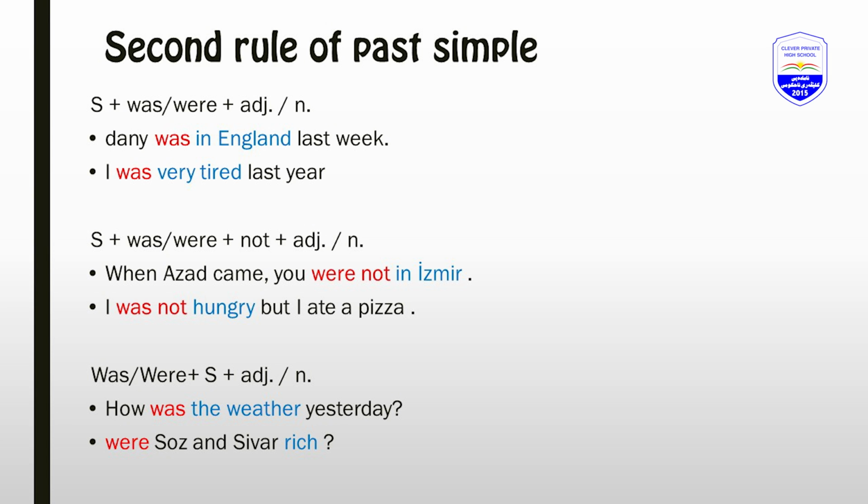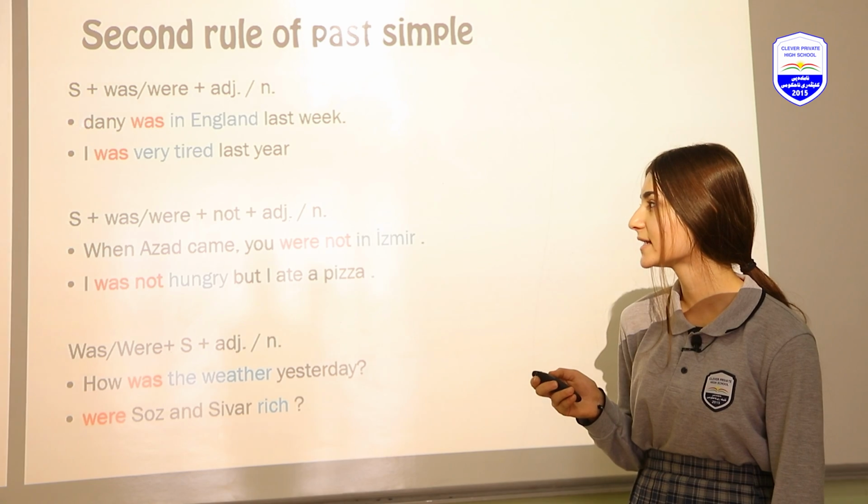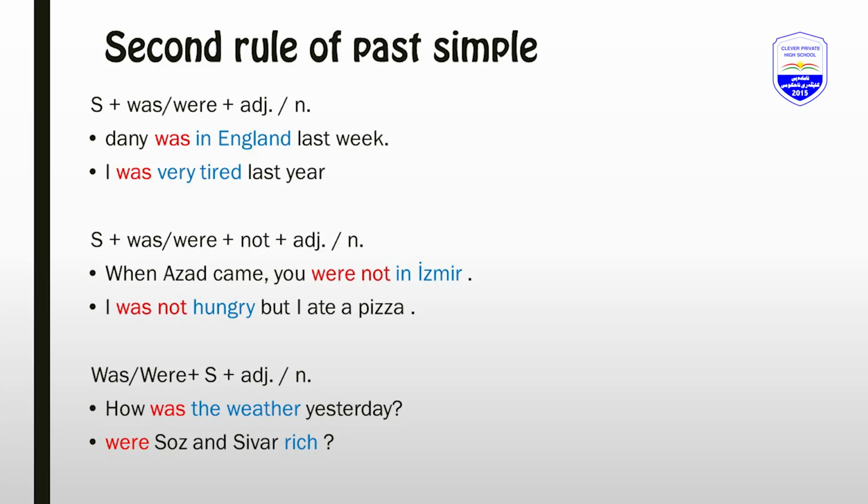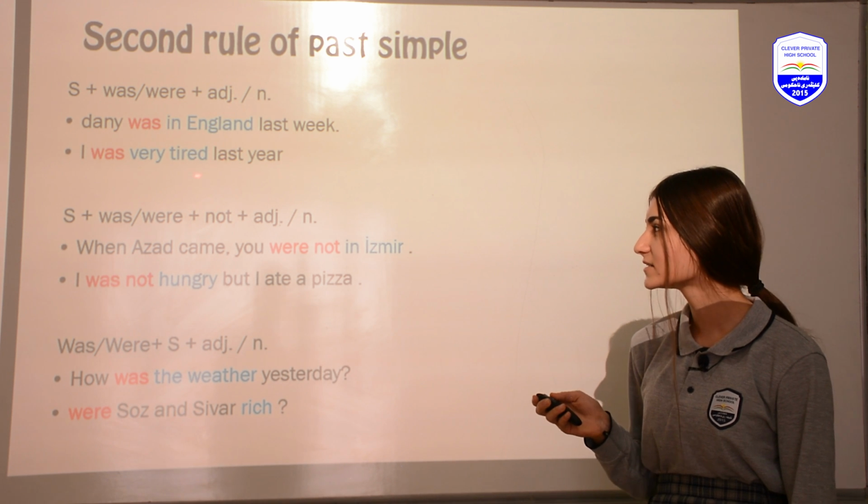Danny is the subject. We use was because Danny is a singular noun. In England last week is the noun phrase. Another example, I was very tired last year. I is the subject, and again we have a singular subject, so we use was. Very tired is the adjective, last year.